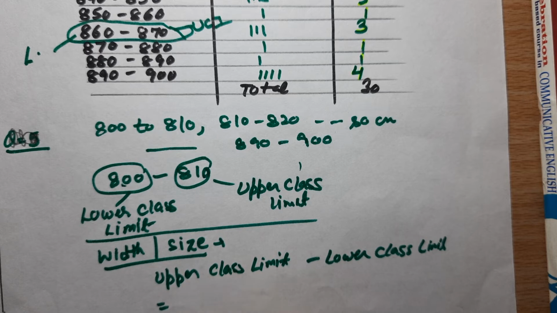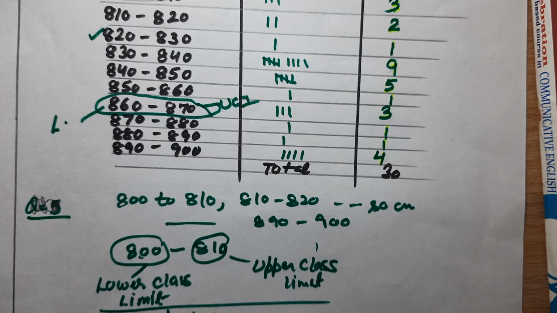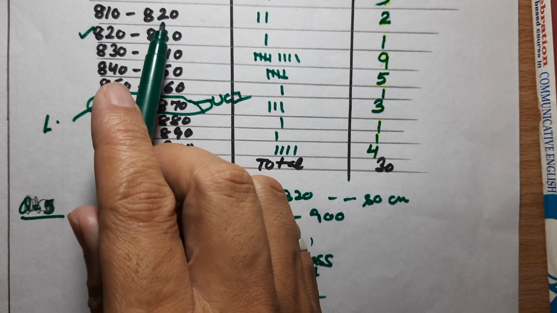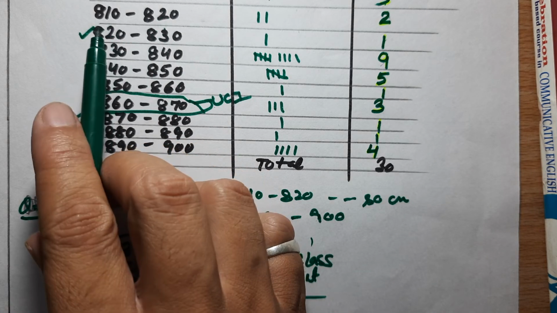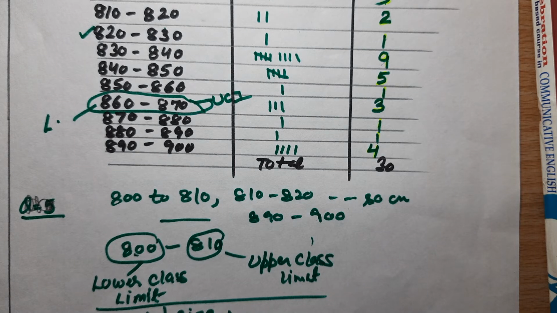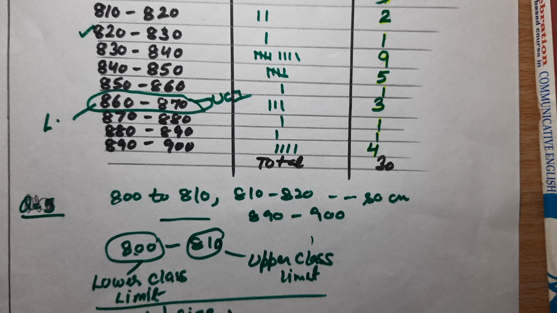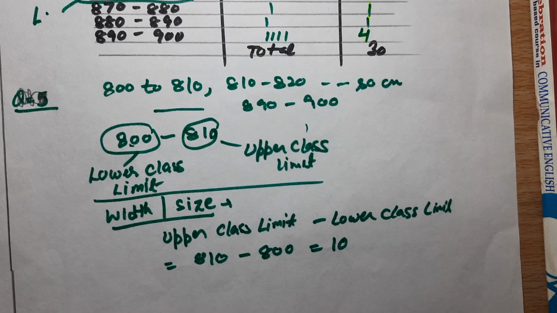Find the difference now. 810 minus 800, see, it is 10. For all these class intervals, their width or size will be the same. You can check: 820 minus 810 will be equal to 10. So the width or the size of each interval is 10. Okay. Now range, you always know, is highest value minus lowest value.